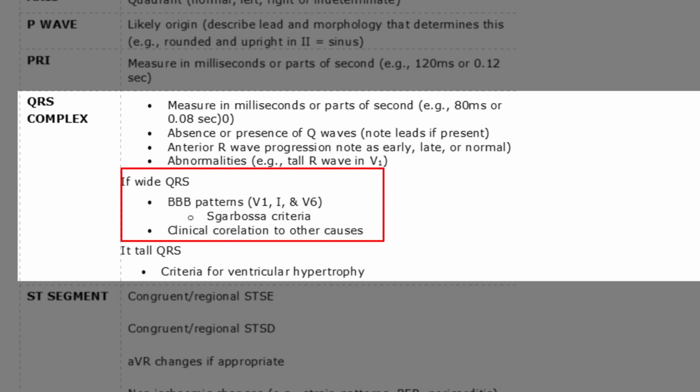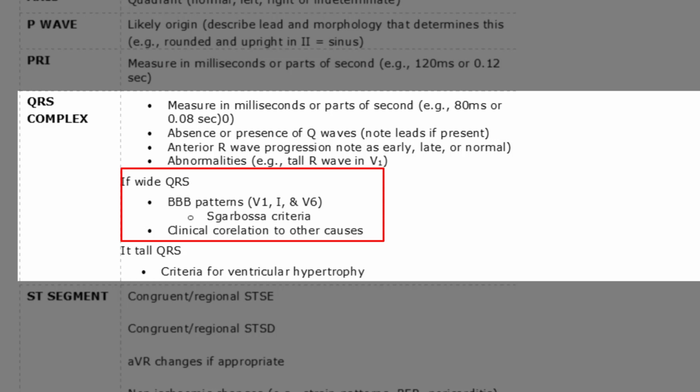However, if the QRS comes up as wide, so you've done your measurement and it exceeds 0.12 seconds, then there would be some alteration to how we might go around working out the information that's required for this part of the template. And what we're essentially looking at, if it is a wide QRS and there is a supraventricular origin associated with it, then we'll be using leads V1, 1 and V6 to work out what sort of bundle branch block is occurring there.